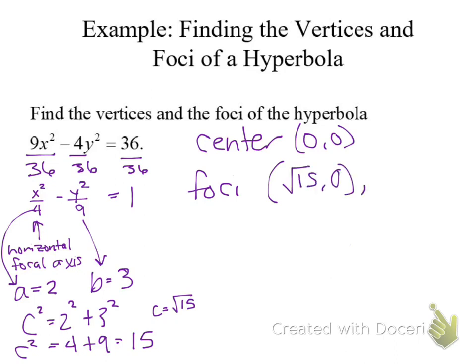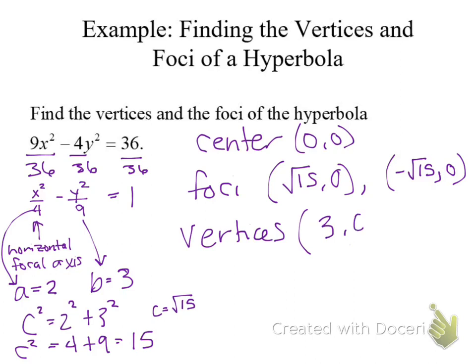And the second one would be negative square root of 15, 0. It also asked me for my vertices. Because that's where I'm actually on the hyperbola, not in the in-between, that's going to be the value of a. So a, because I'm going horizontally, would be positive 3, 0, and then negative 3, 0.